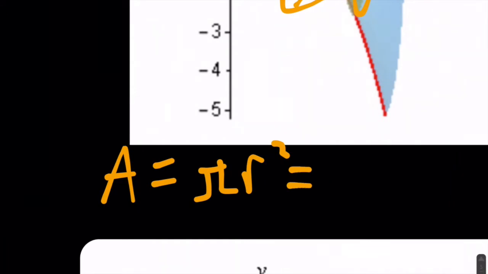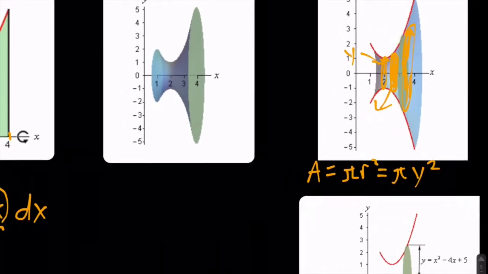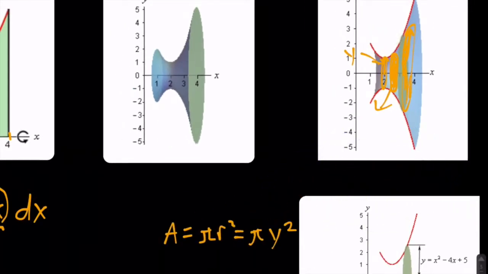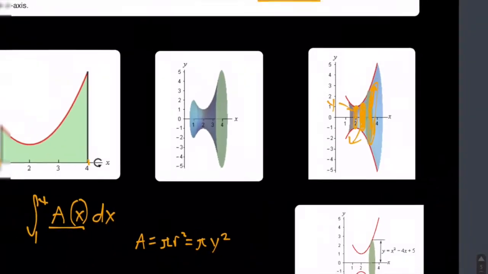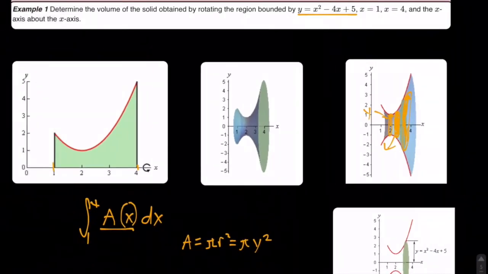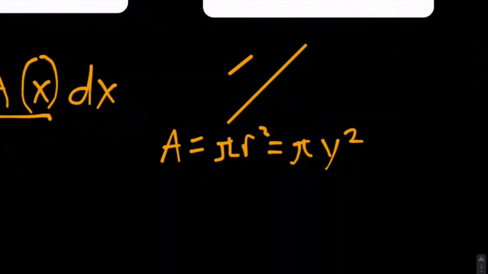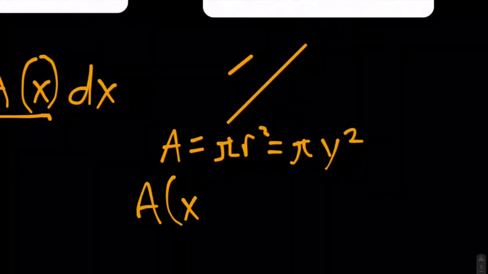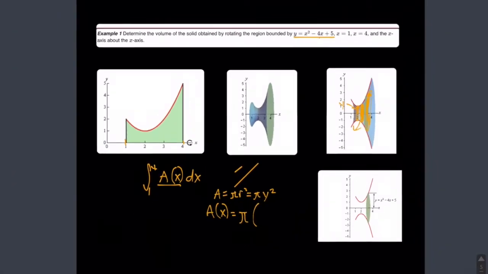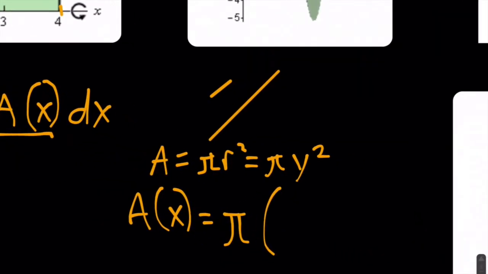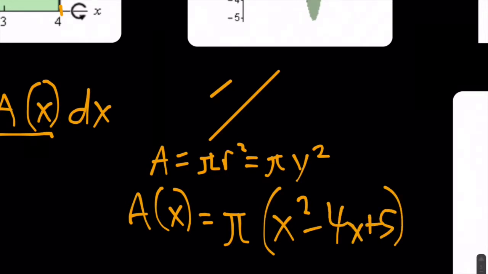So we can substitute y in for r, so it becomes pi y squared. And I'm going to move this right over here. And we can substitute further, as we know that y is x squared minus 4x plus 5. So we know that the area in terms of x is equal to pi times y, which is x squared minus 4x plus 5, whole squared.